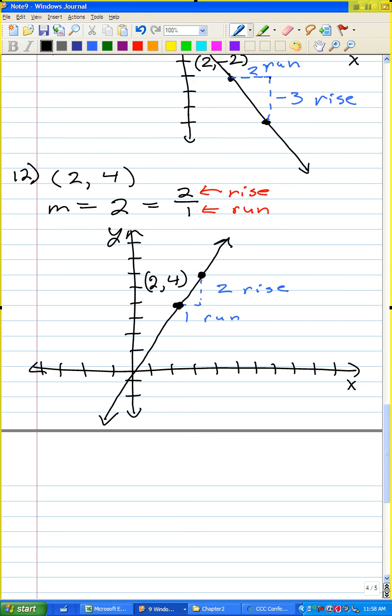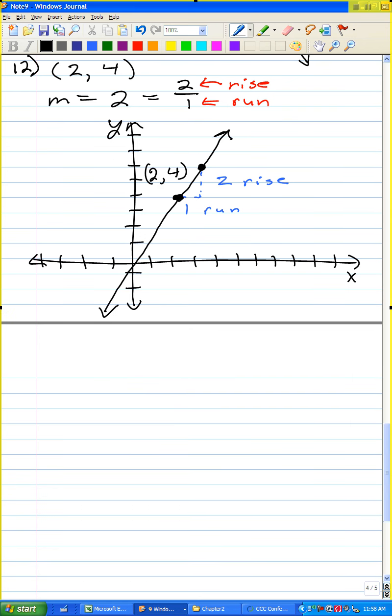Let me do problem number 20. The slope is undefined, and I go through the point 4, 1.